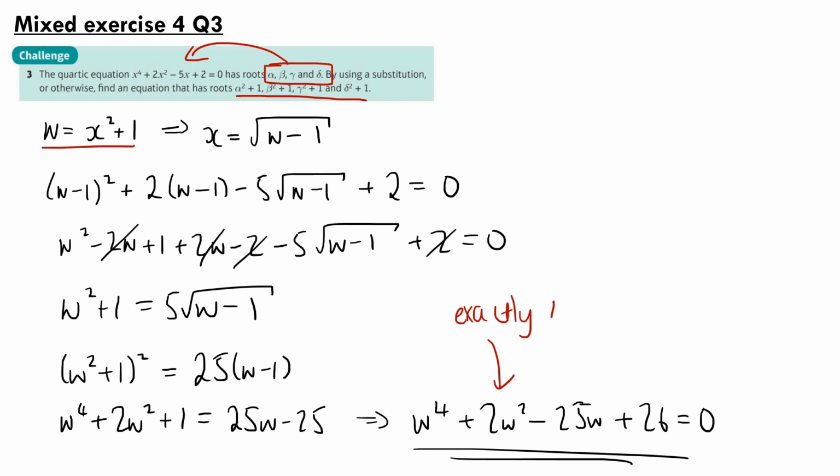So each one of these original roots corresponds directly to one of the other ones, because there's exactly 4 roots for the first equation and exactly 4 roots for our final equation, so we can square at this point with no issue. And that's the end of this challenge question walkthrough.